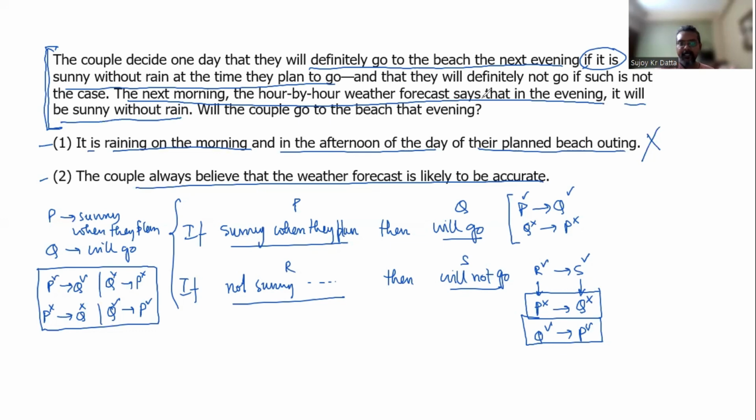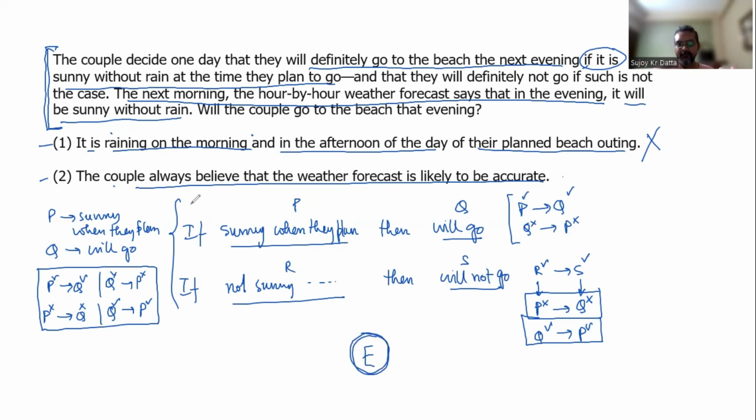It was mainly that at the point when they decide it should not rain, and if they decide that it is not going to rain, they are going to visit the beach. So statement 2 is irrelevant. Statement 1 is not sufficient information. Even after combining, it's not going to give you any information. So the answer is E.